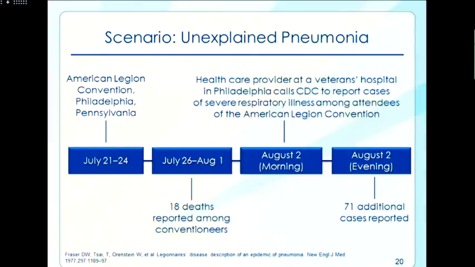Subsequent conversations that same day with public health officials uncovered an additional 71 cases among persons who'd attended the conference. The goal of the investigation was to find out why these conventioneers were becoming ill and in some cases dying.